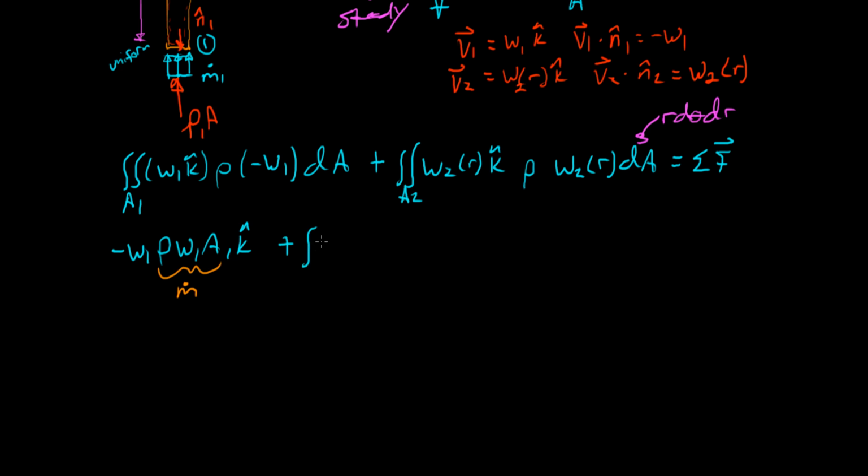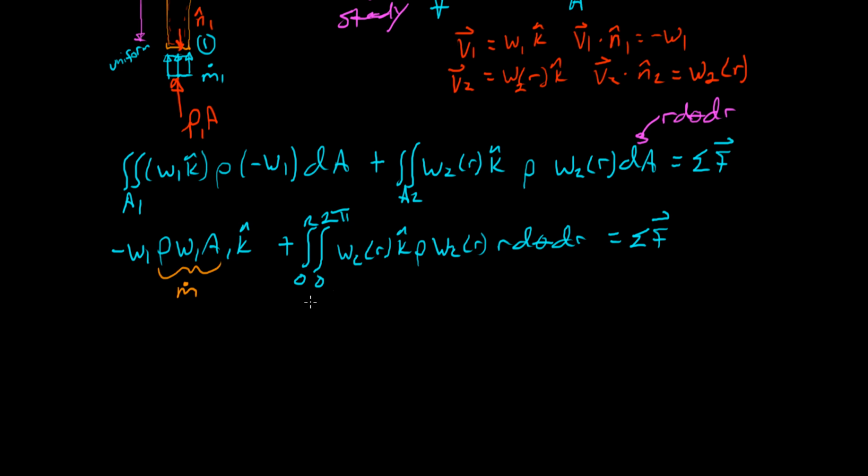Okay, so to avoid rewriting things too many times, let's work on the second integral here, which again is going to go from 0 to r and 0 to 2 pi. I'm going to have W2 of r times the k hat times rho times W2 of r times r d theta dr, and all that has to equal the sum of the forces.